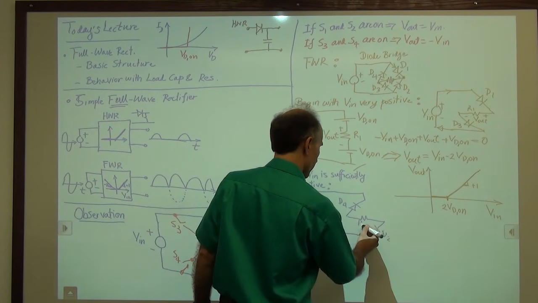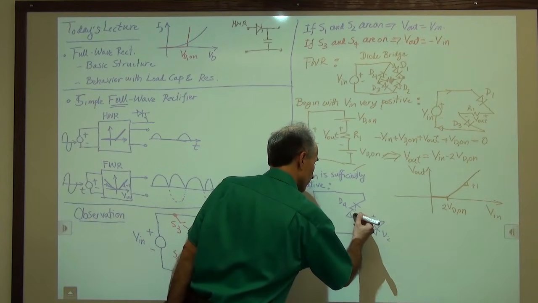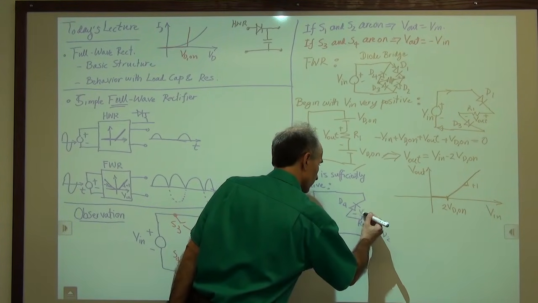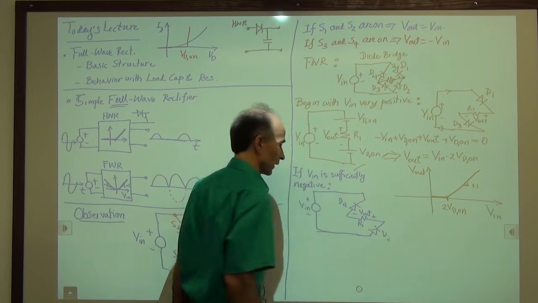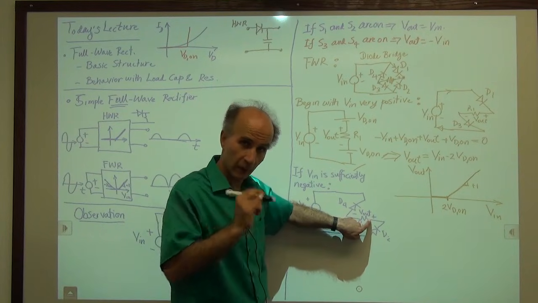R1 is here, and remember, the output voltage is measured like so, plus here, minus here, V out. Right, we marked this point as plus, so we have to keep that. We have to stick with that throughout.